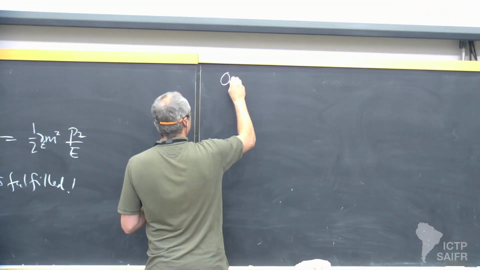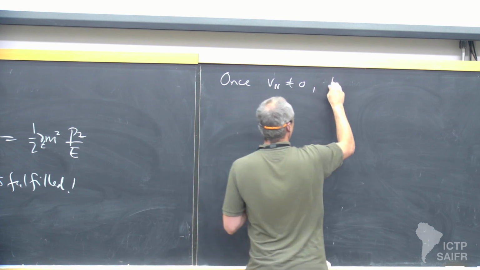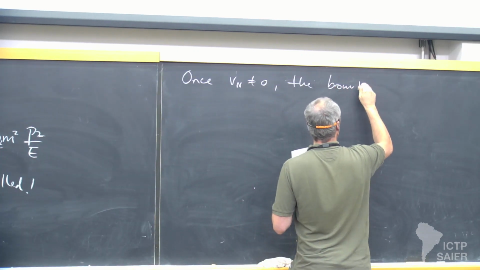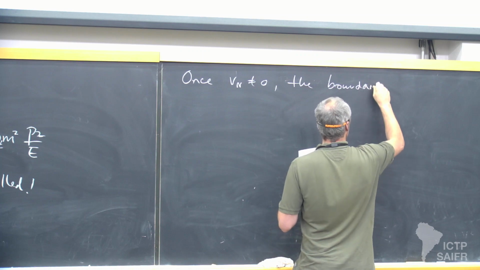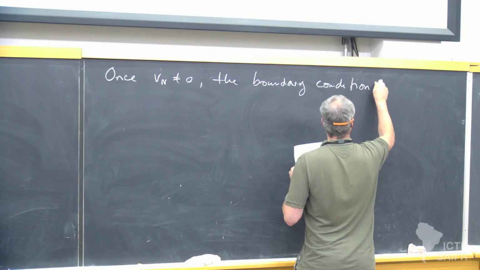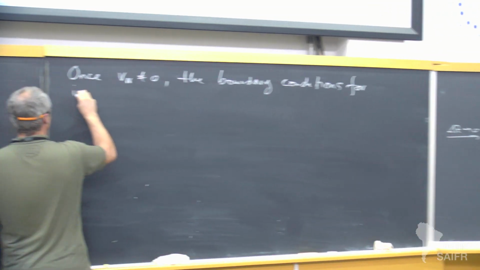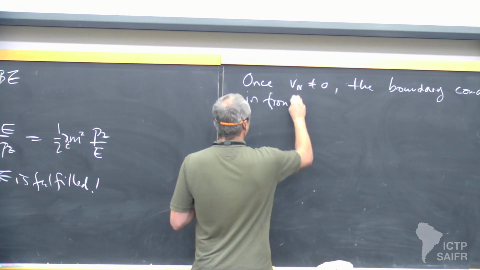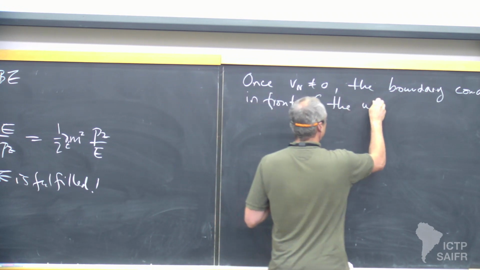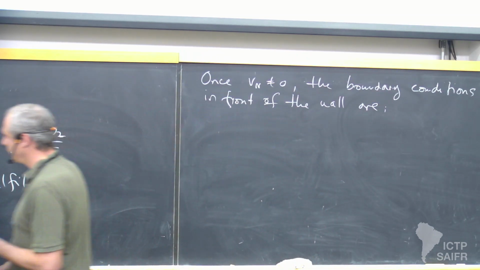Okay, so once the wall velocity is not zero, the initial conditions or the boundary conditions far in front of the wall change. Okay, now everybody can make an educated guess.